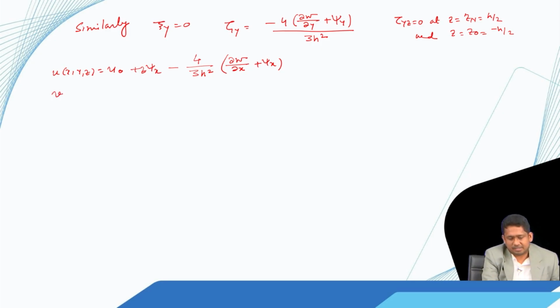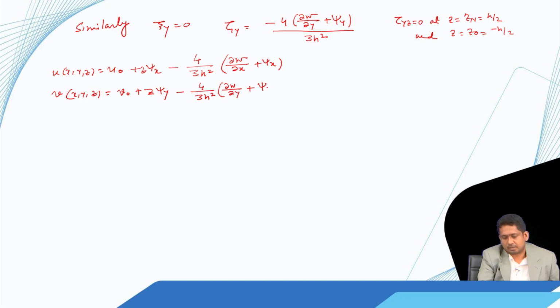Similarly, v becomes v 0 plus z into psi y minus 4 by 3h square z cube into del w by del y plus psi y. So, this becomes our new kinematic assumption or formulation. This automatically satisfies that gamma y z and gamma x z are 0 at the top and bottom, and because of this provision we do not need any shear correction factor.